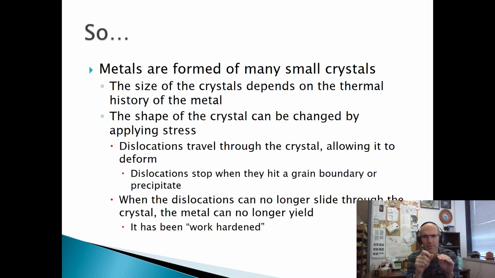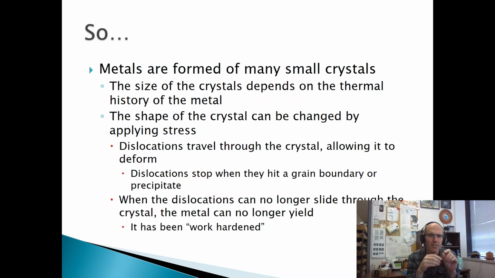Those bonds can only be destroyed chemically, but mechanically you can shift things around and change them up because dislocations, random or disorientation within the crystalline structure can pass through a crystal, allowing it to deform, so long as those dislocations don't get trapped or stopped by grain boundaries or precipitates.